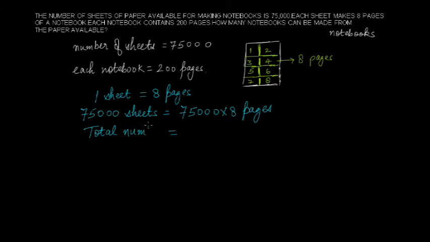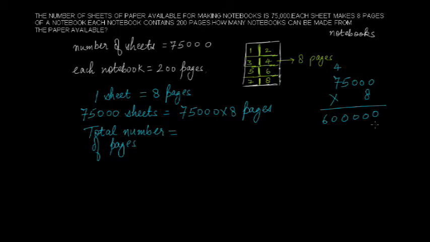Total number of pages. And 75,000 multiplied by 8 will be, 8 times 5 is 40, 4 carry here, 8 multiplied by 7 is 56 and this is 60.